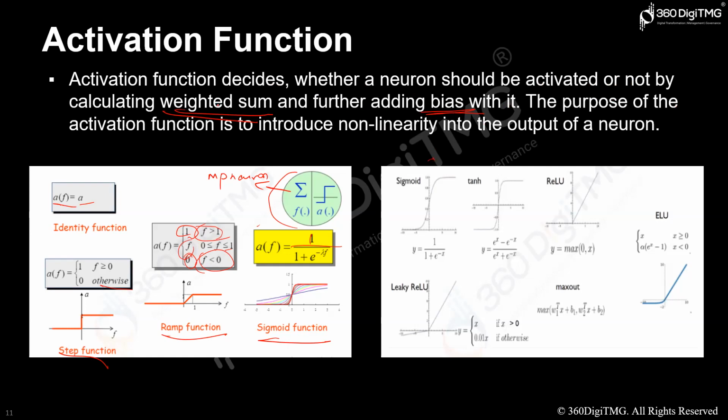The purpose of the activation function is to introduce non-linearity into the output of a neuron. So we also have sigmoid, tanh, ReLU, ELU, maxout, leaky ReLU, etc.